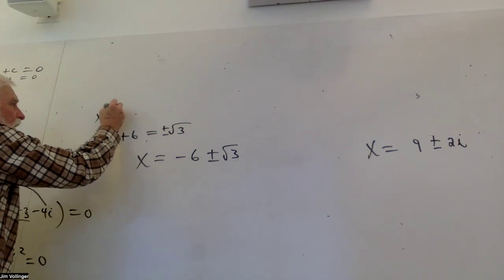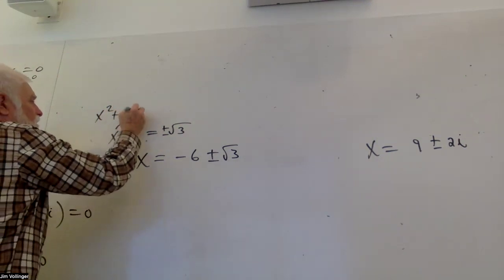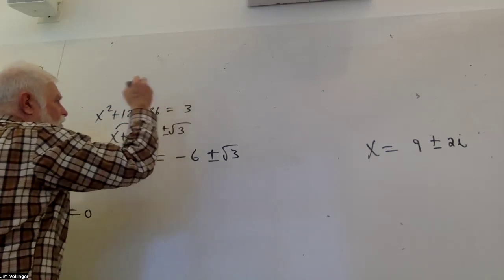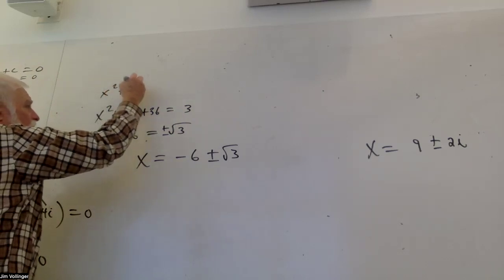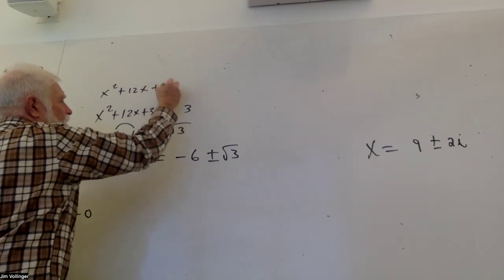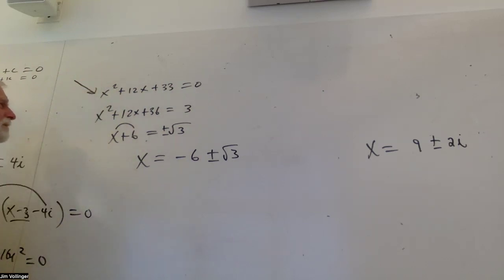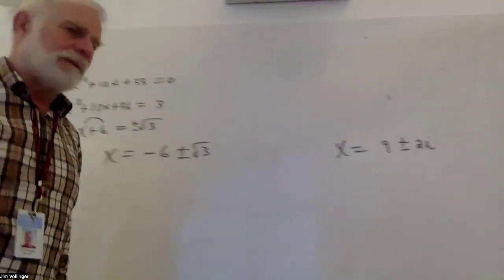I'm going to square both sides, x squared plus double the product, 12x plus 36 equals, when you square this, you just get 3. And now we got to subtract, in this case, x squared plus 12x plus 33 equals 0. And we've been completing the square on those, solving, getting here. So it's go in the reverse order.